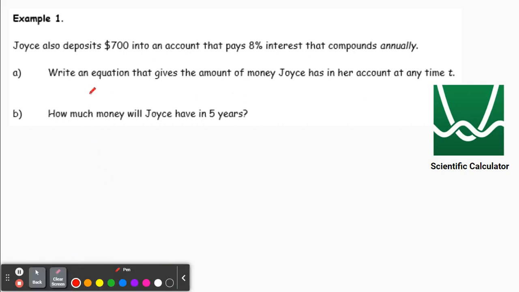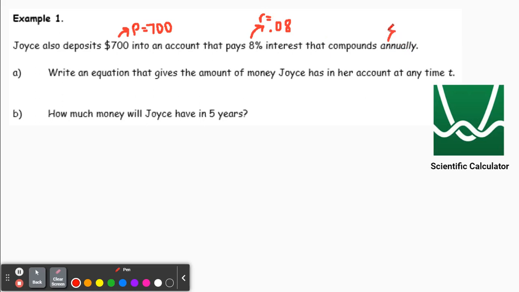So we need to identify all of the constants that are a part of our equation. So we need our principal amount, which is our initial amount. So that is $700. We need our interest rate, which is 8%, which we will write as 0.08 for our R value. And then we need to know how many times that interest is compounded each year.